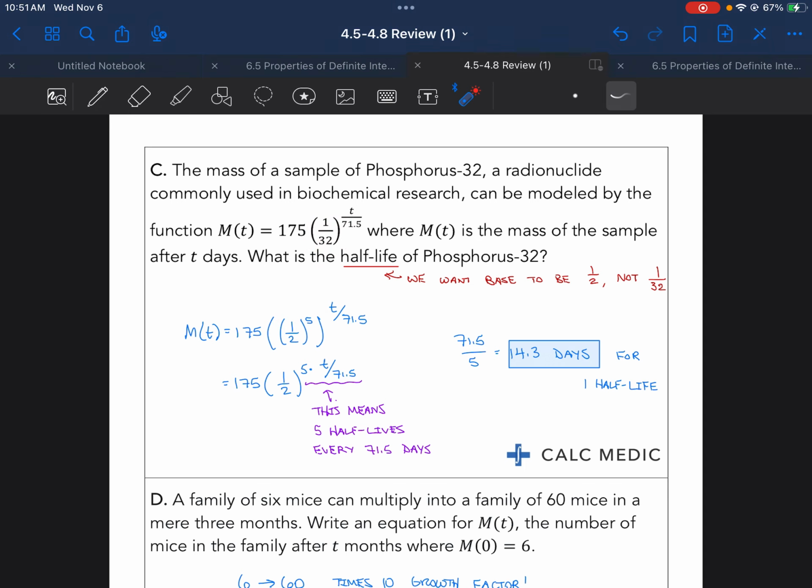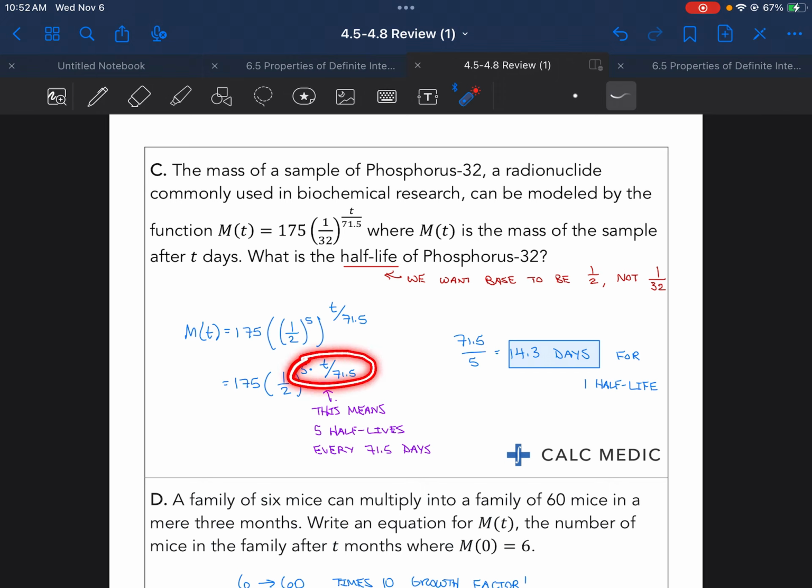Then using exponent rules, if I have 1/2 to the 5th power being raised to t over 71.5, I can multiply the exponents out. So now I have 175, base of 1/2, raised to the 5 times t over 71.5.